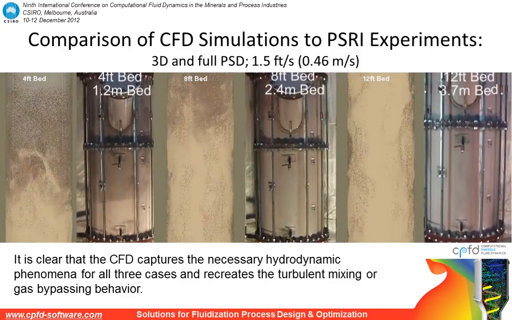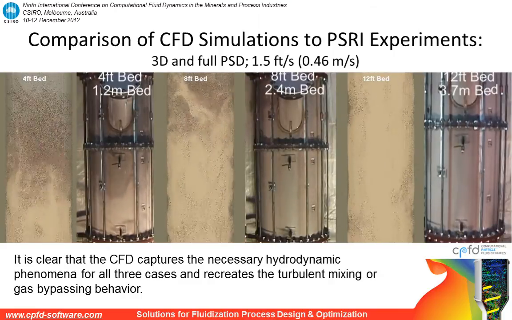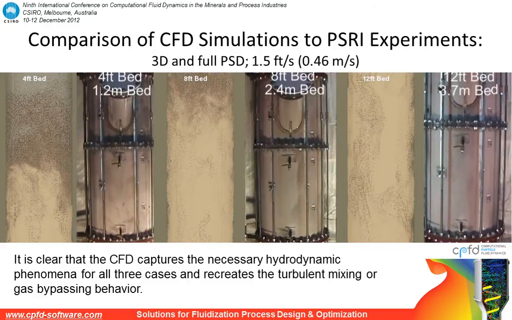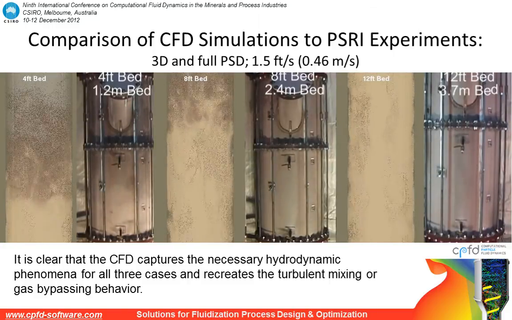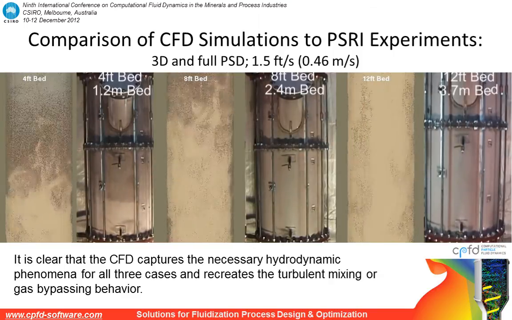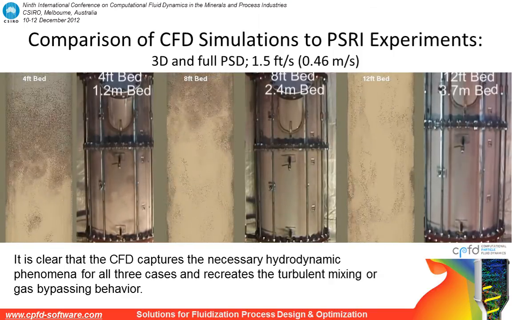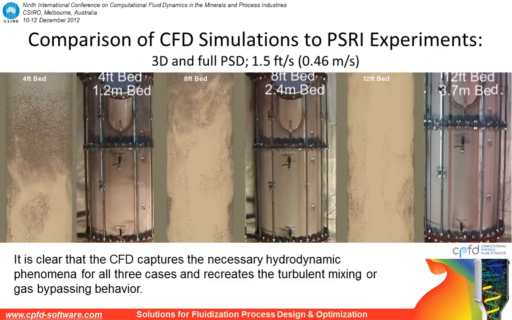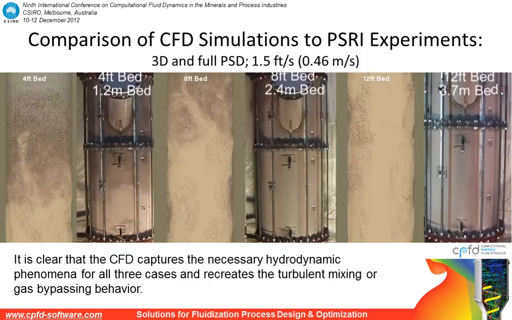The gas streamers are forming in the lower part of the bed and extending out through the full bed height. And you can see, of course, the same thing occurring in the experiment. When you go to the 12-foot bed height, you can see that in some cases, streamers begin to form even in the middle of the bed, not necessarily all the way at the bottom, but in both cases can make their way all the way through the full bed height.